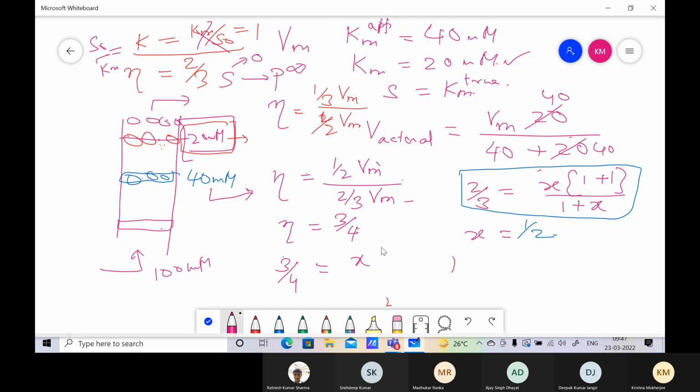So what is kappa? 2. 2 plus... am I doing it right? Or have you forgotten completely? 2 plus 1 divided by 2 plus X. So what is X equal to?